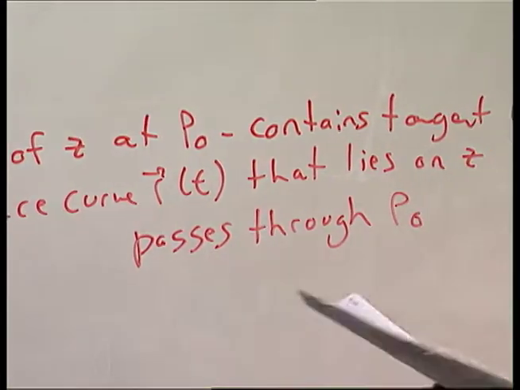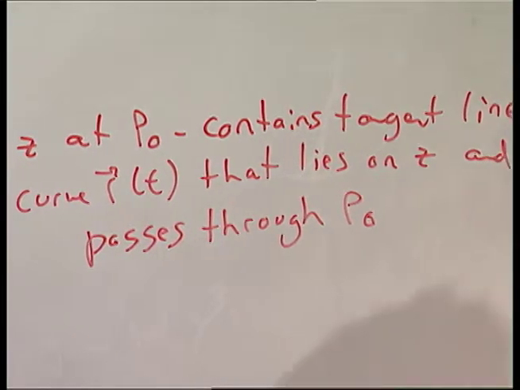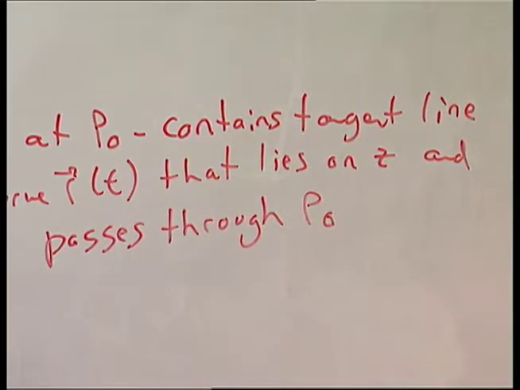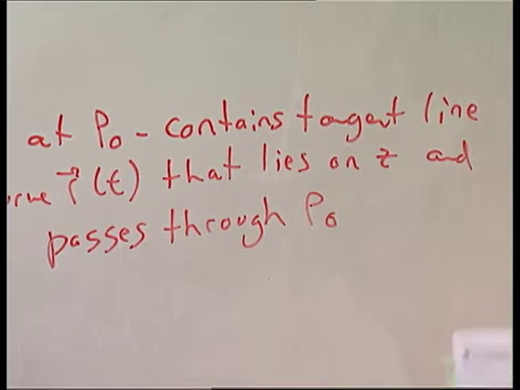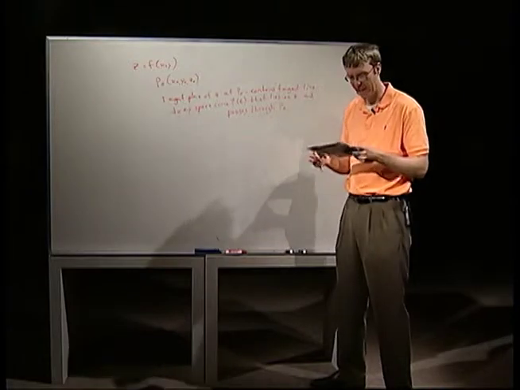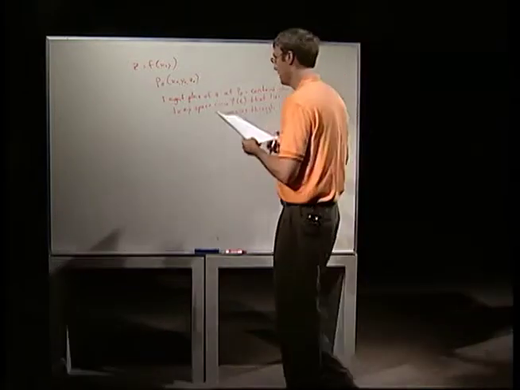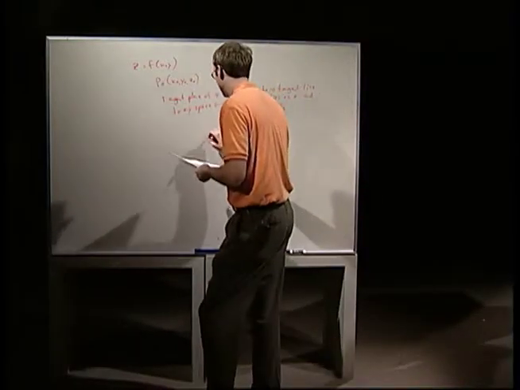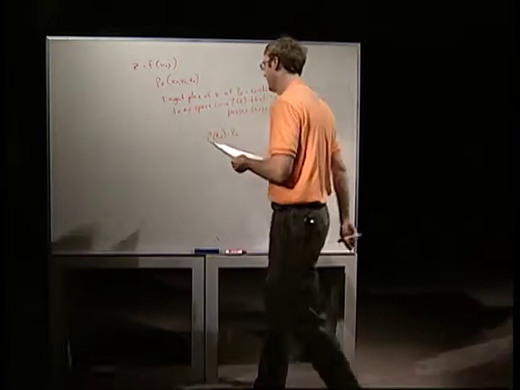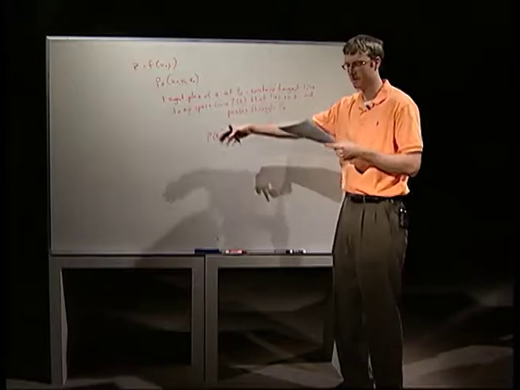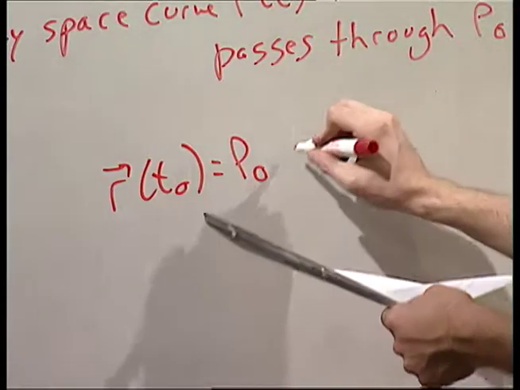So a bunch of curves lie on z, lots of them pass through p naught. Each one has a tangent line, tangent vector, right? All those tangent lines make up the tangent plane. All right? Okay, what more can I say? So the curve passes through p naught, so r of t naught is p naught for some t naught. All right?